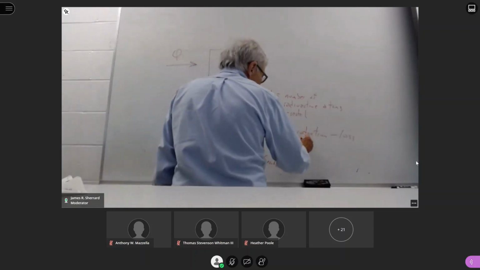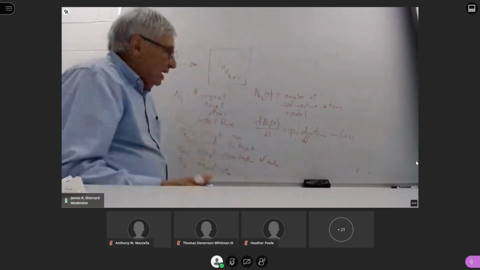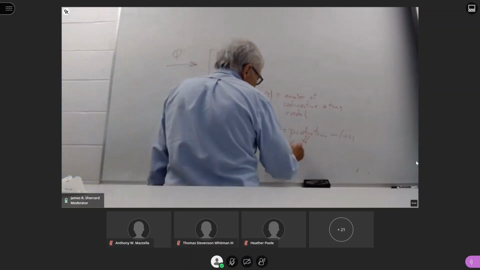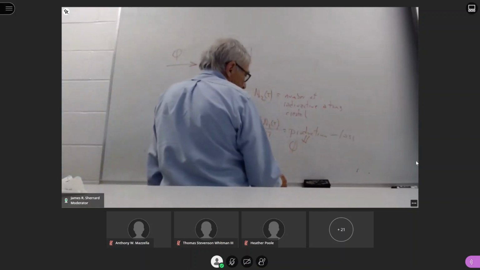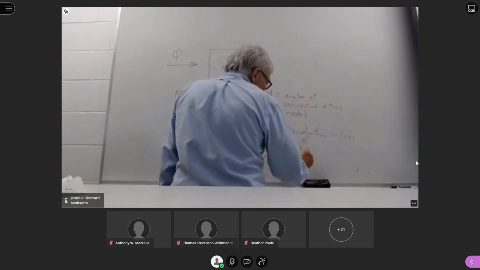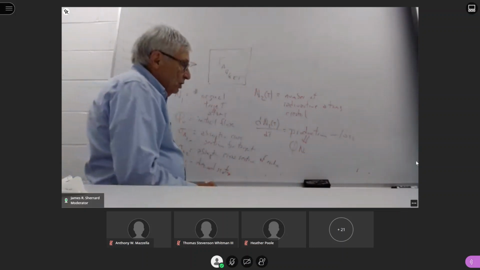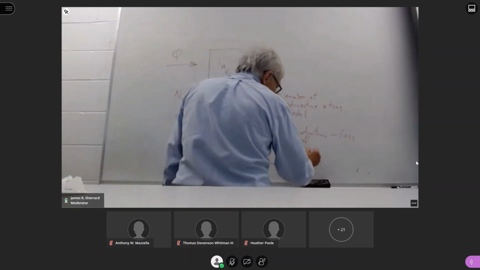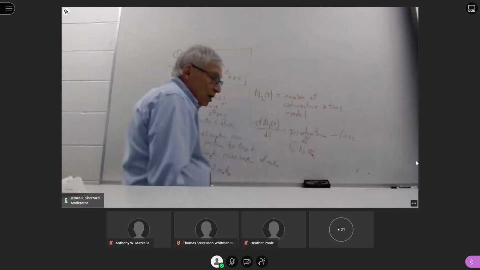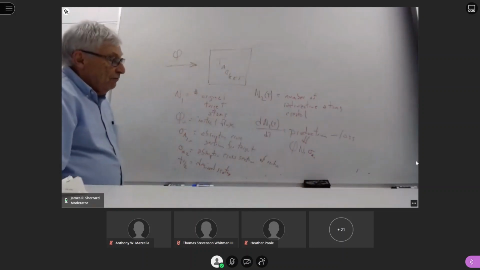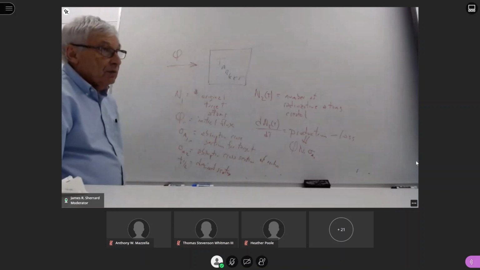This is our production, and we can mathematically express that as the amount of flux we have, the number of target atoms that we have, and the absorption cross-section for that target.